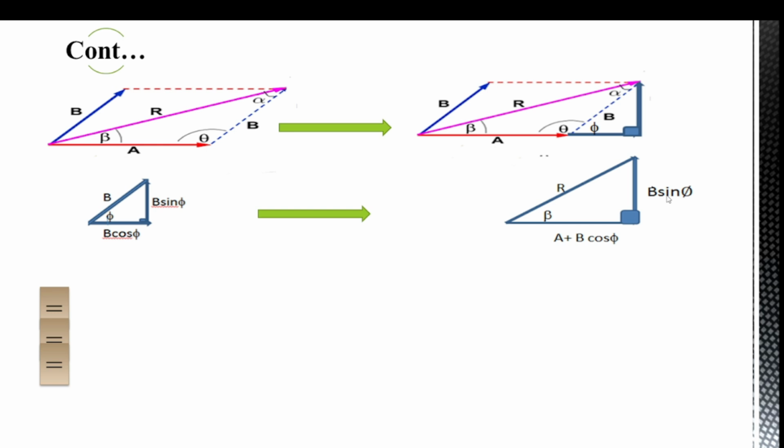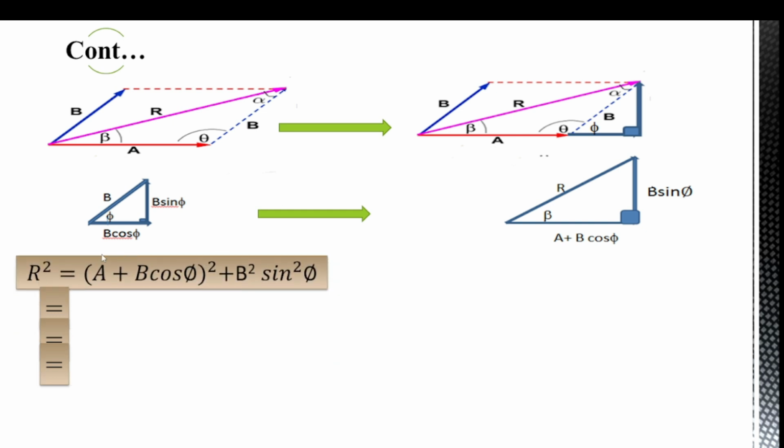It is known as B sine phi, or simply the y component of B. And it acts as the height for both the smaller triangle as well as the larger triangle. Great. If so, now this triangle is simply a right angle triangle. In such a case, to find the value of R, we have to use the Pythagorean theorem. Great. That means the square of R is equal to the square of A plus B cos phi plus the square of B sine phi. Great.